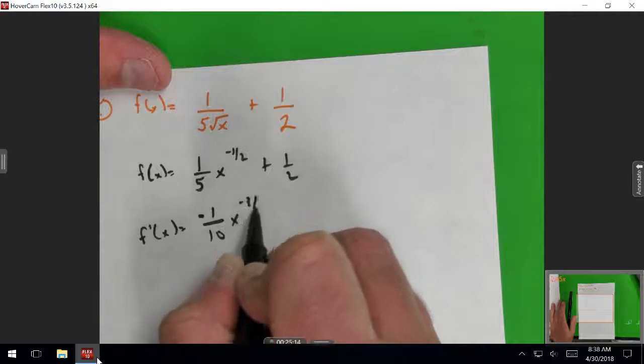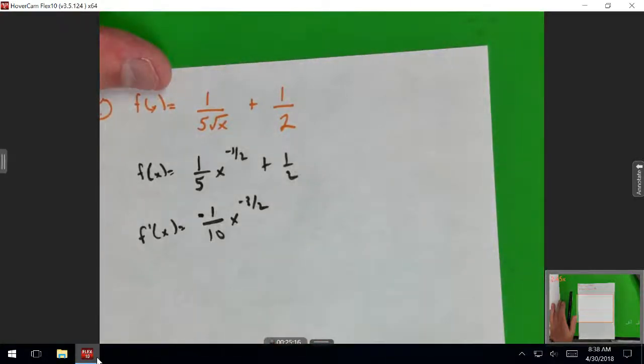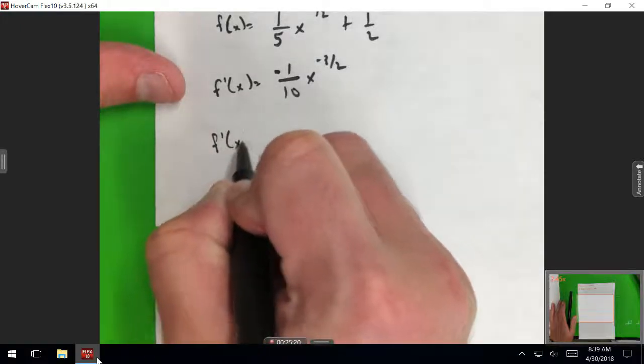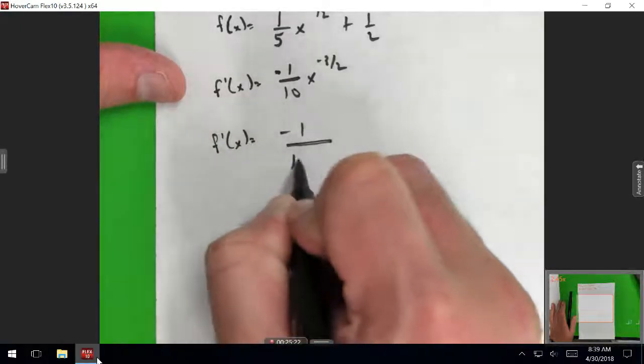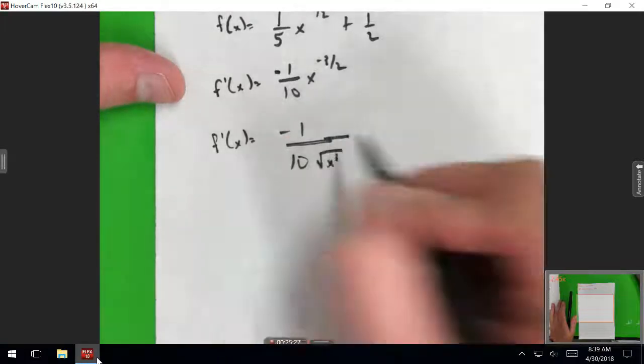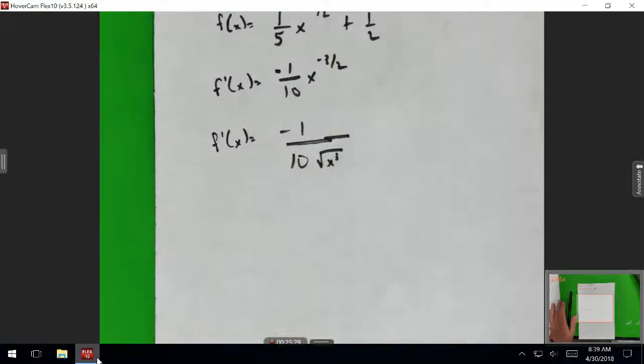X to the negative what? And then that's just 0, isn't it? So now I'm going to write my final answer. F prime of x equals negative 1 over the square root of x to the cubed. And that would be my derivative for that particular problem. Are we good on that?